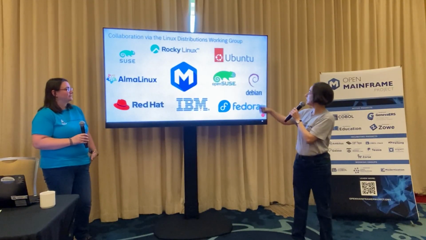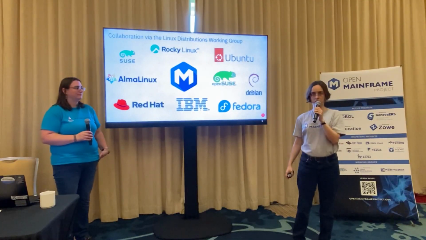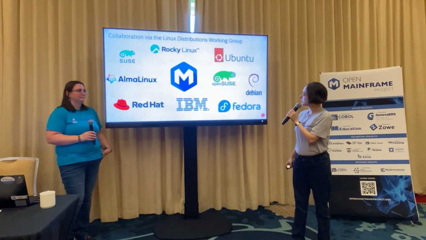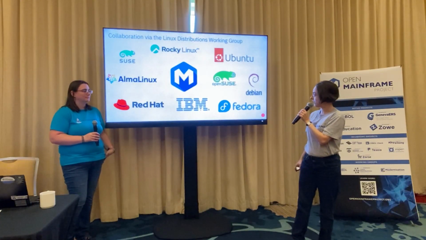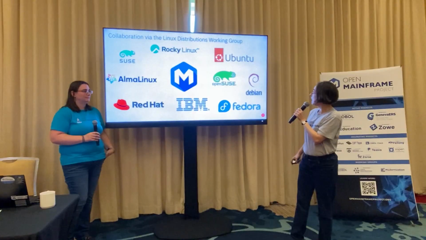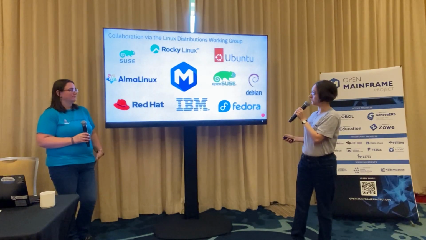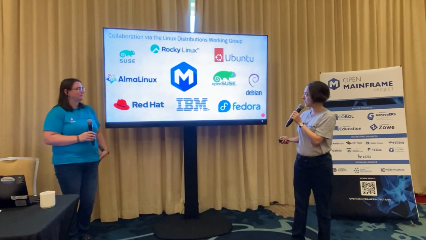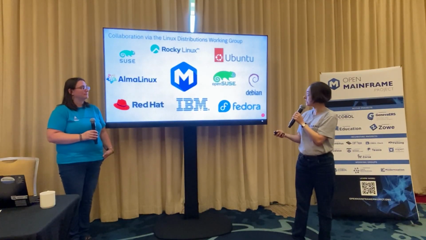And then Red Hat and Ubuntu also joined as enterprise distributions. Therefore, if anything strange is happening, we are also receiving support from the enterprise level. And with that, we are collaborating together via the Open Mainframe Project and our S390X mailing list. And I can say that's a full success.